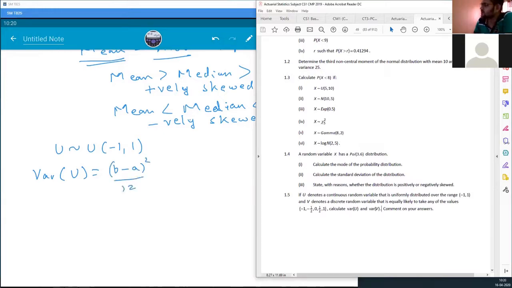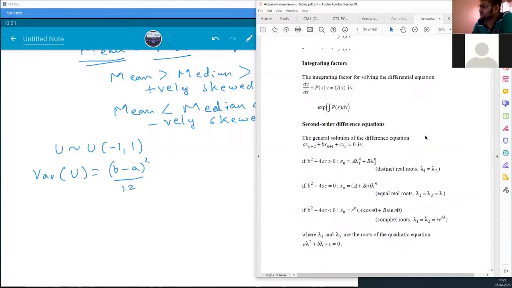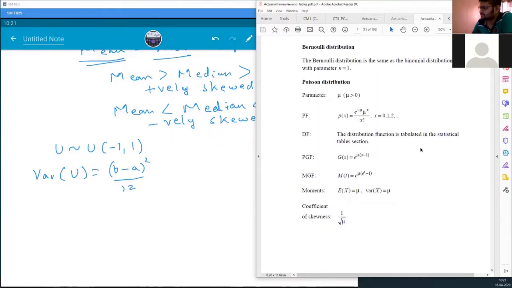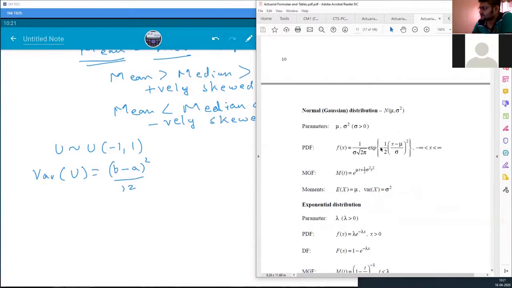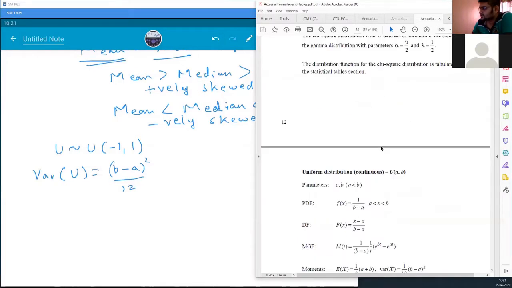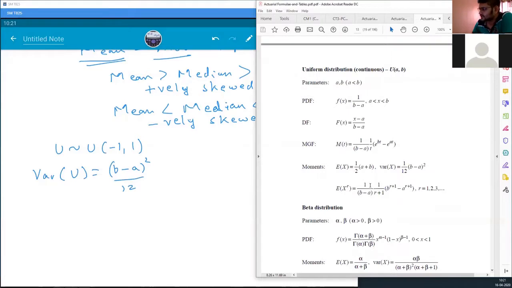Okay, you don't need to remember this because we very rarely use it. In our formula book table, you can go to uniform distribution continuous and look at the formula: (b minus a) whole square by 12. So this would be nothing but (1 minus (minus 1)) whole square by 12, or we'll have 1 by 3.